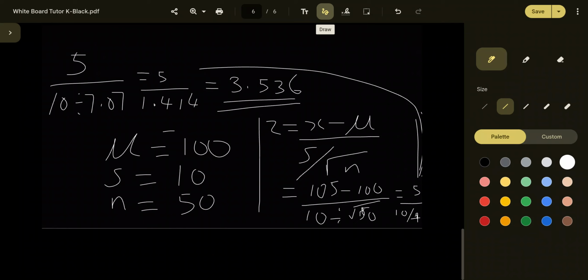That is the value that you have. So that value that you have is the test statistic. Okay, so now you found that.